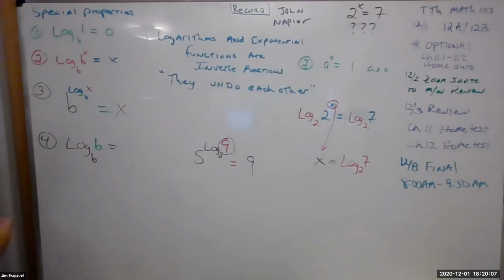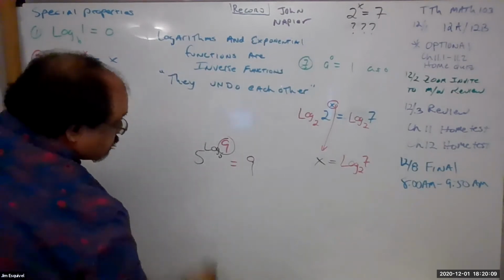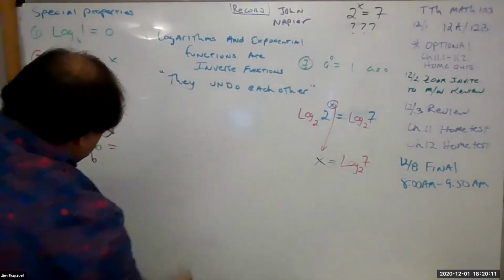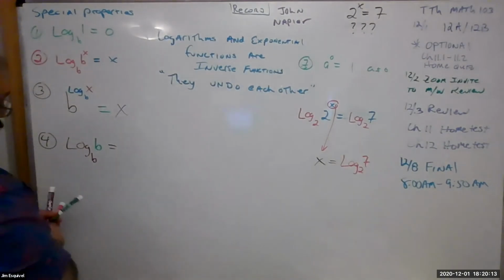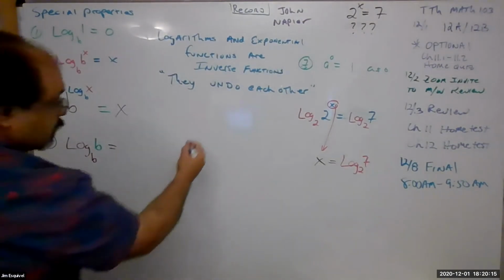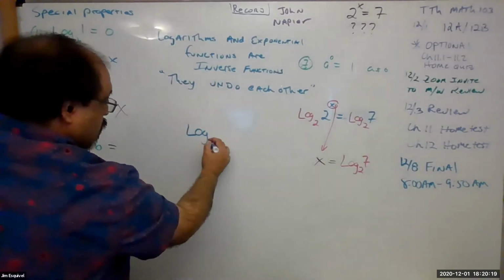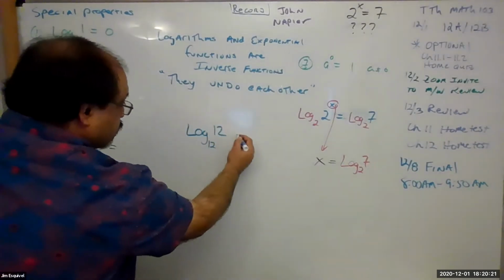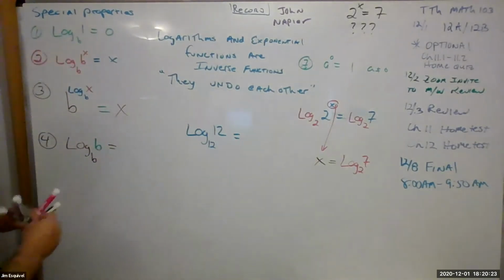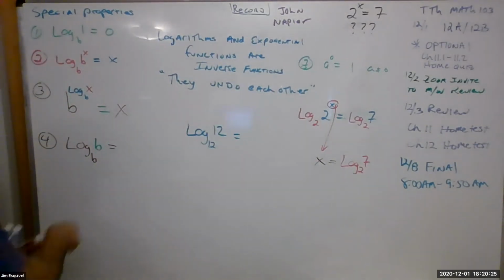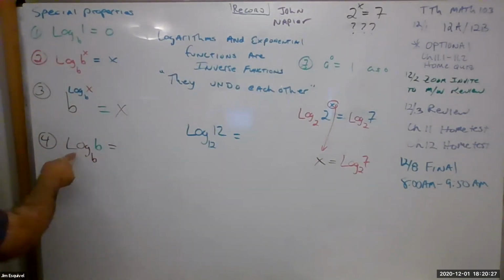And anytime you have something this uncomplicated, log base 12 of 12, log base b of just b, log base b of itself.